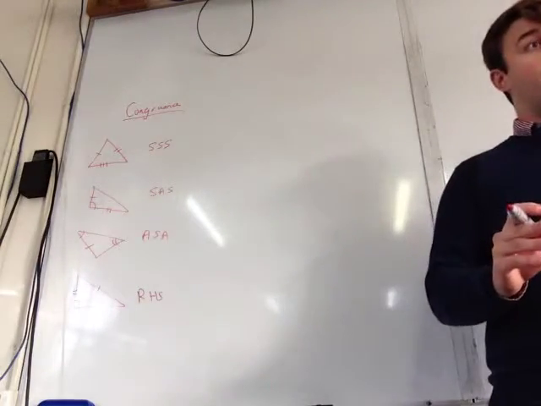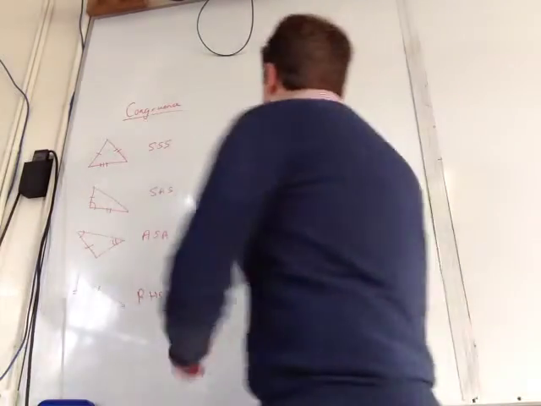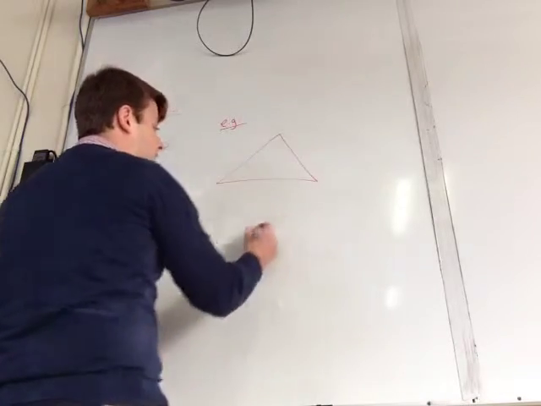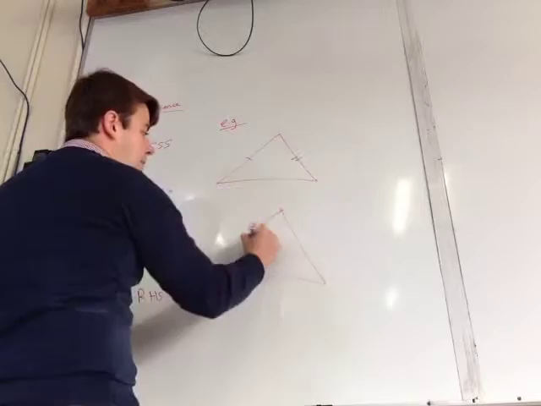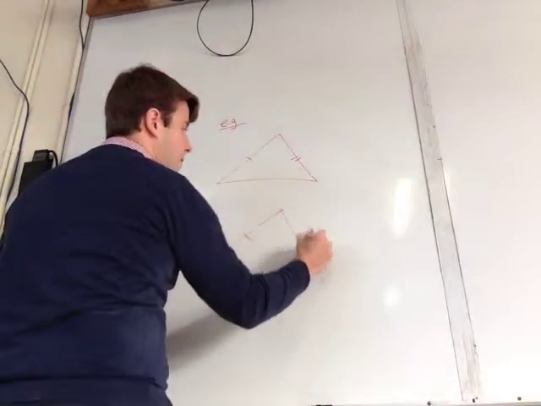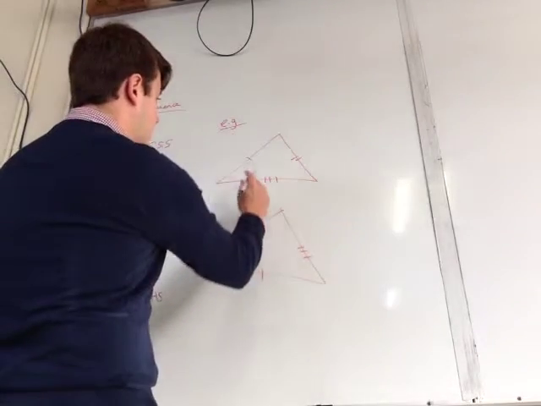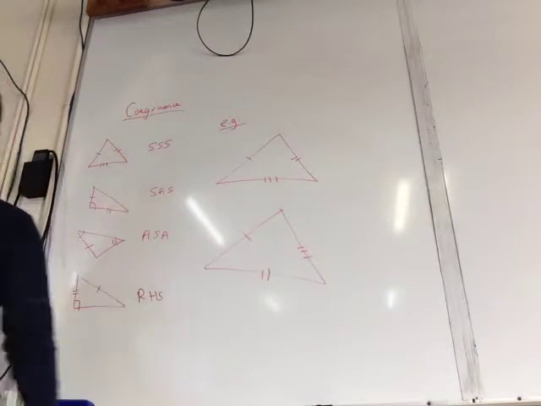Now, I'm going to put an example on the board, and we are going to prove that they're congruent. Okay? So, here's the example. I've got a triangle here, and I've got a triangle here. And they're marked up. I've just thrown that together really quickly.